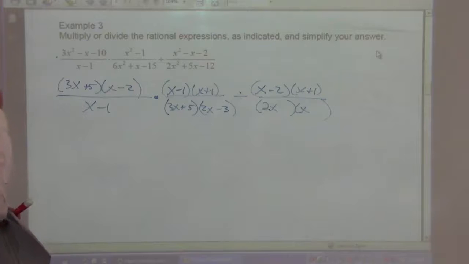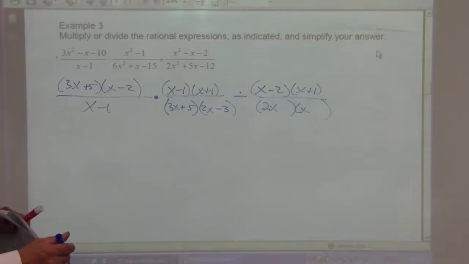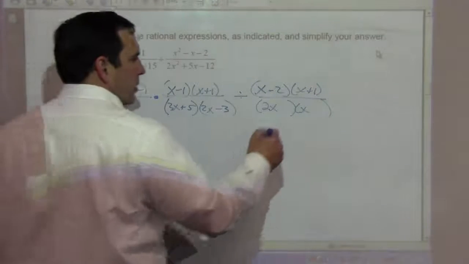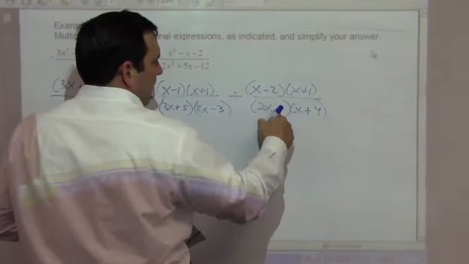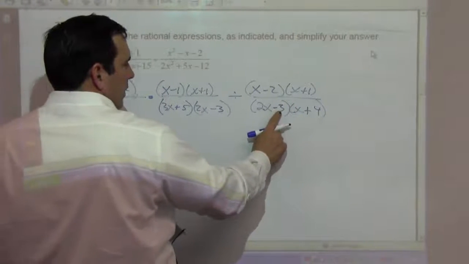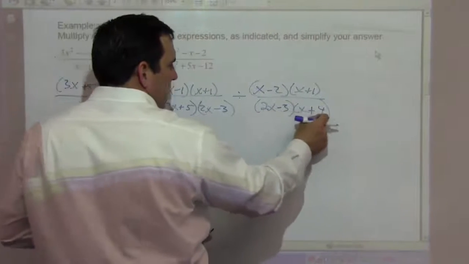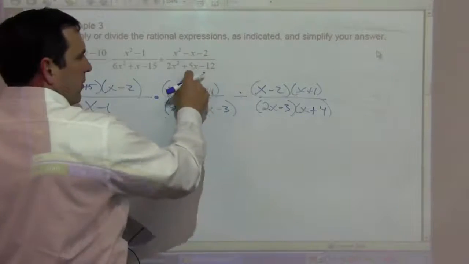I wonder if we should go 6 and 2, or should we go 3 and 4? How about that? Because 2 times 4 is 8, and then x times negative 3 gives negative 3x. 2x times 4 is 8x. That'll give us 5x. There we go.